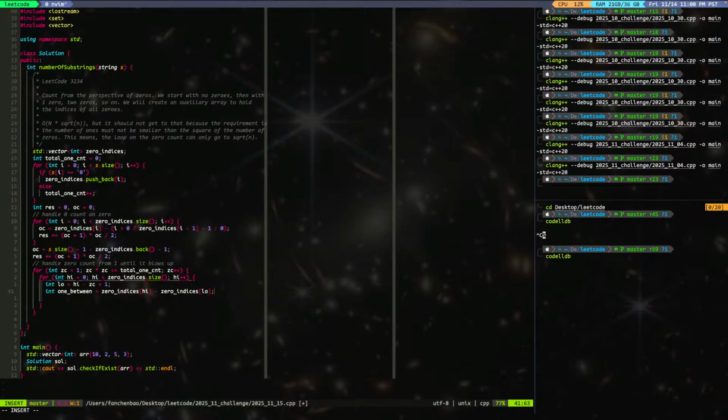So if it's 0 and 2, then 2 minus 0 is 2 minus 1. Okay, this is in between. And then we'll find the max allowed on the left, max allowed on the right. And then, oh, maybe there's a formula.